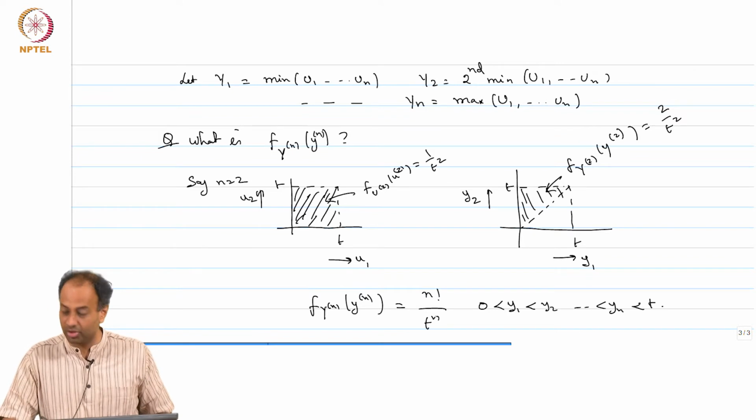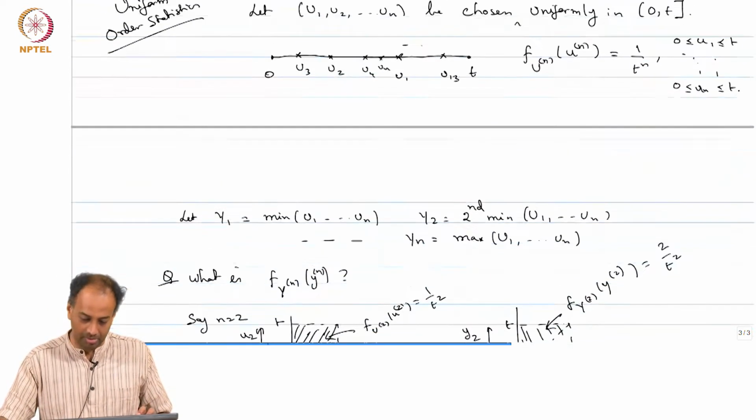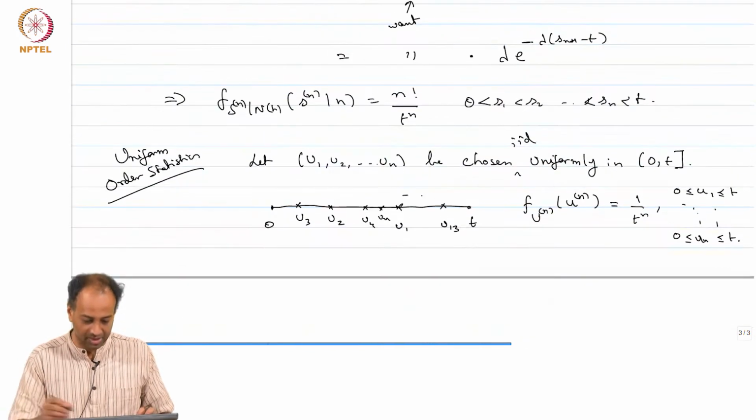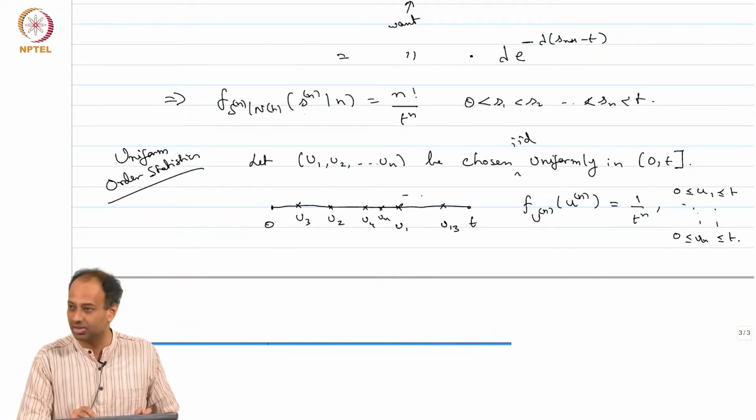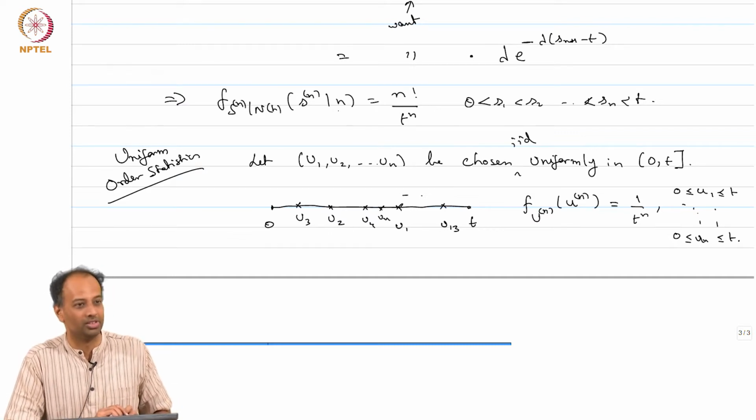This expression, you agree, is like 2 by t square except in n dimensions, which is the same as the conditional arrival density of the Poisson point process.